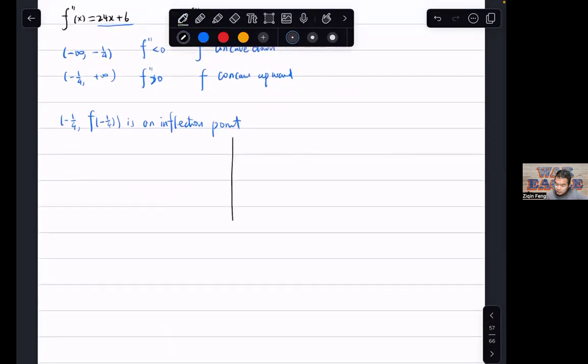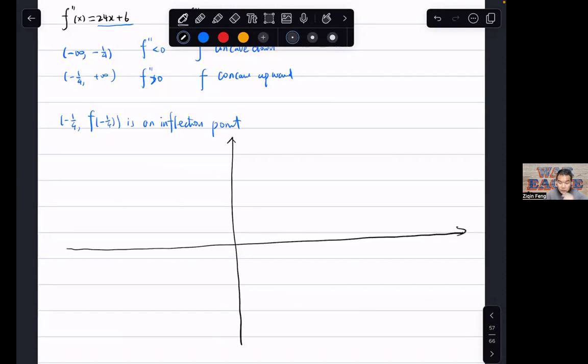So let's try to sketch our function. We have three special points: when x is -1, when x is -1/4, and when x is 1/2, right? F of -1 is a local maximum value, right?